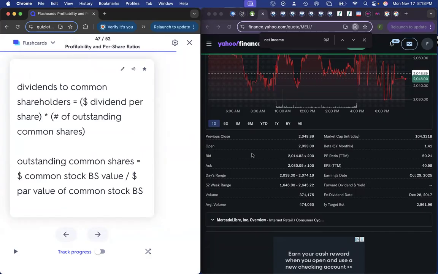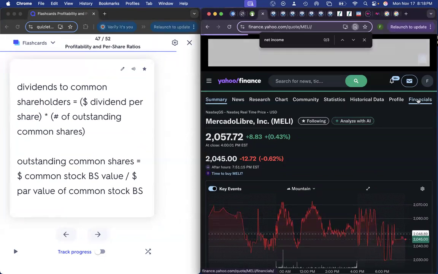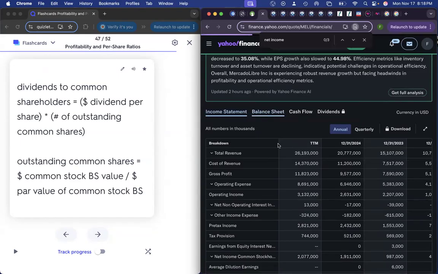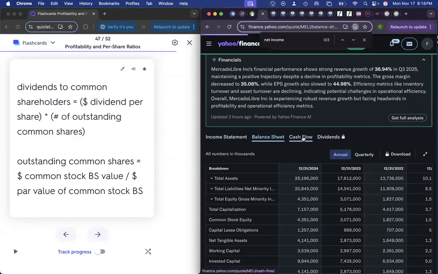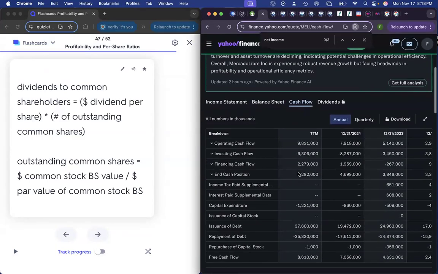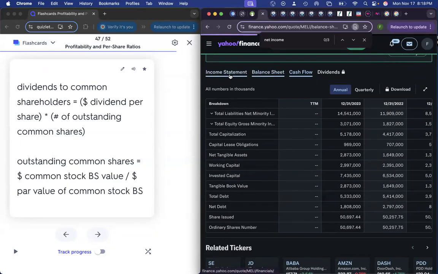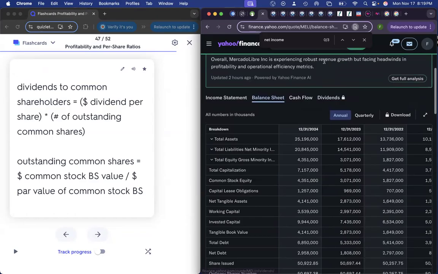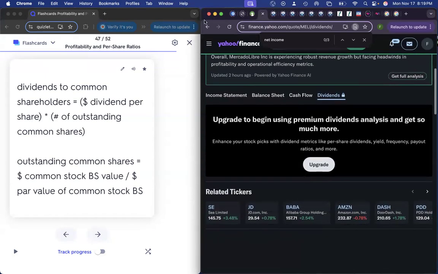So dividends, let's go to our financials again. Well, there were dividends, but I don't have access to that because I don't pay for Yahoo.